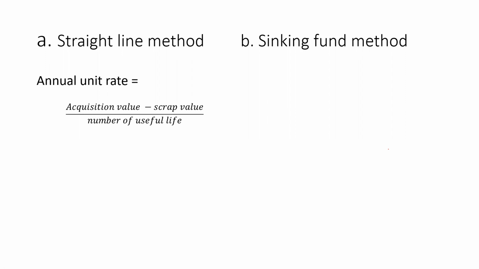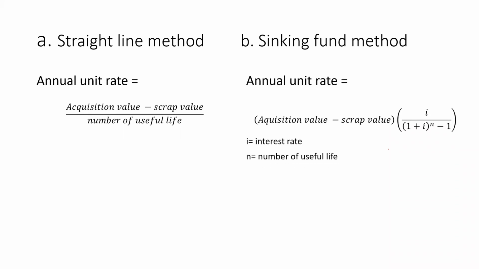Don't worry, when I display the formula, you should be able to link it to the initial chart I showed you in terms of converting present value to future value, present value to annual value, and the likes. So the annual unit rate for sinking fund is acquisition value minus scrap value into bracket I over 1 plus I raised by n minus 1, where I is the interest rate and n is the number of useful life.